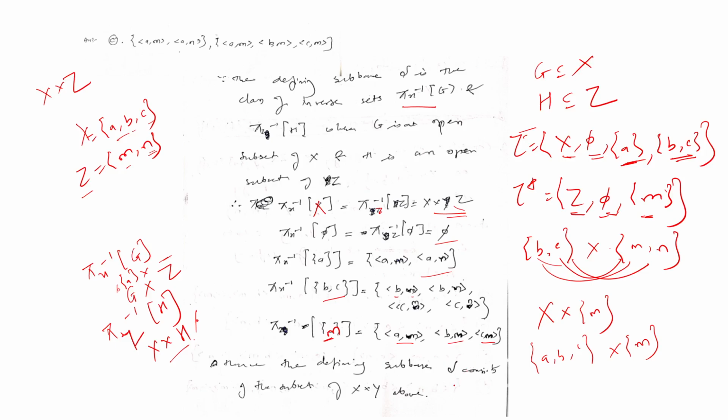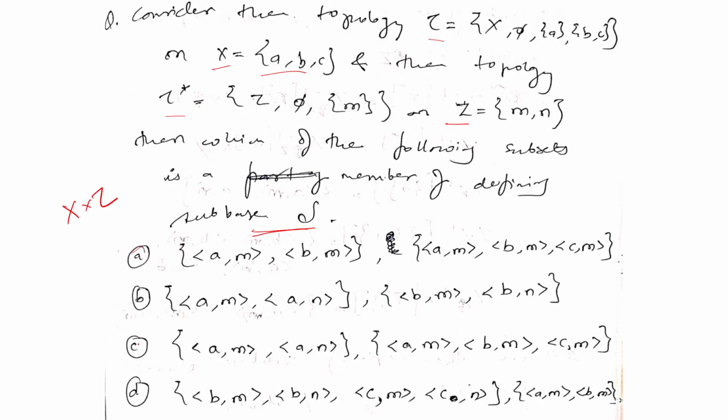This will all be contained in the subbase S, a subset of X cross Z. Fine. Here it is Z. So which of these elements are there? If you check one by one, in option C, there are correct elements.